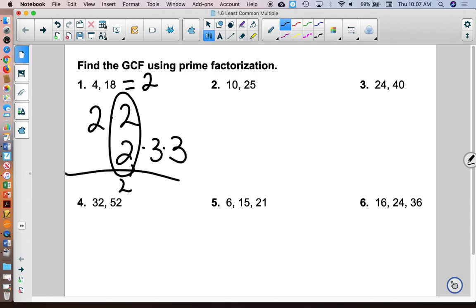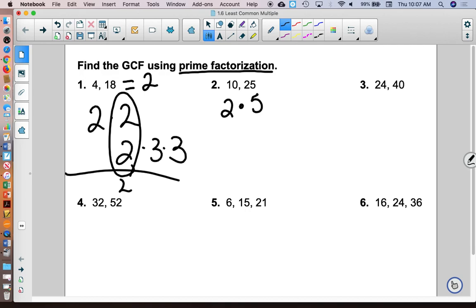What about 10 and 25? What are the prime factors of 10 and 25? Let's do 10 first. What are the prime factors, Brian, of 10? 5 and 2. Okay, and I'm going to write them because prime factorization has to be written how? Least to greatest. Okay, so I've got 2 times 5. What are the prime factors of 25, Faith? 5 times 5.